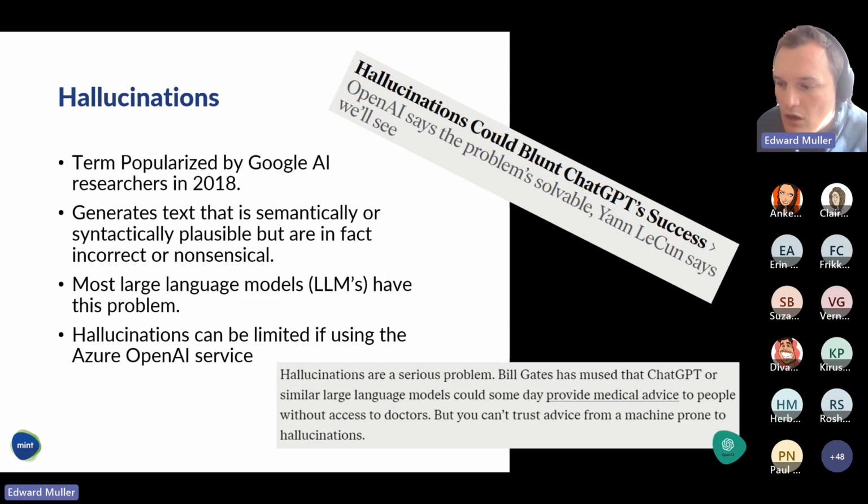I'll give you an example of that when I show you the actual service at a later stage, but that is something to consider. If you are using the Azure OpenAI service, as part of the prompt engineering, you can say that if you don't know, then don't answer.